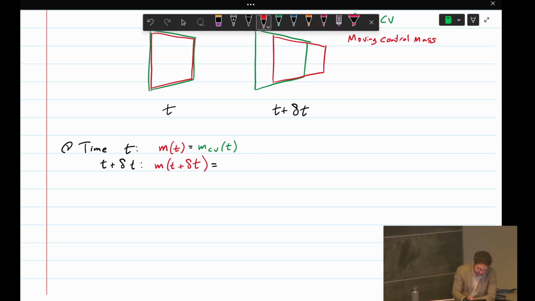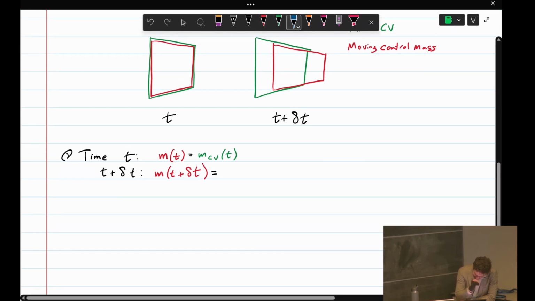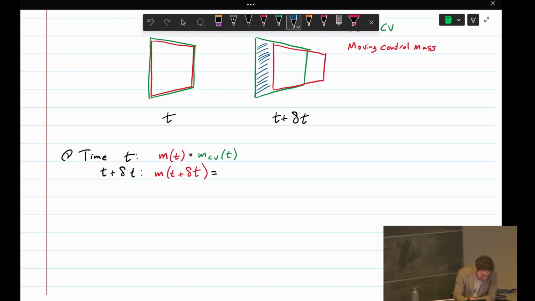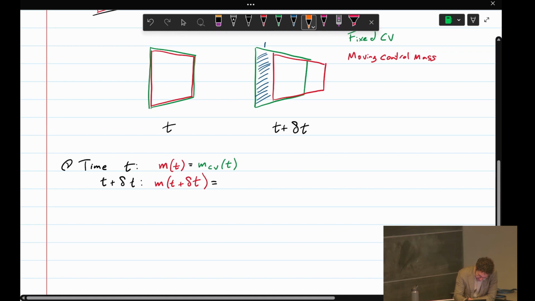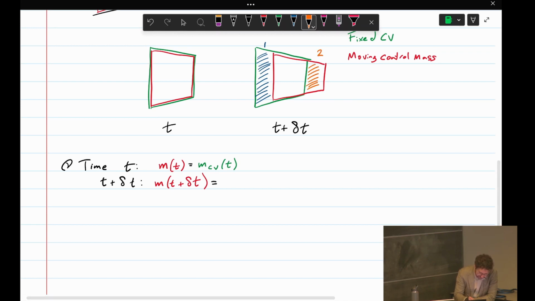we're going to have a couple of different regions here. So we're going to have this blue area. I'm going to call that kind of region 1. This orange area, I'll call that region 2. This is just basic, I guess, geometry.